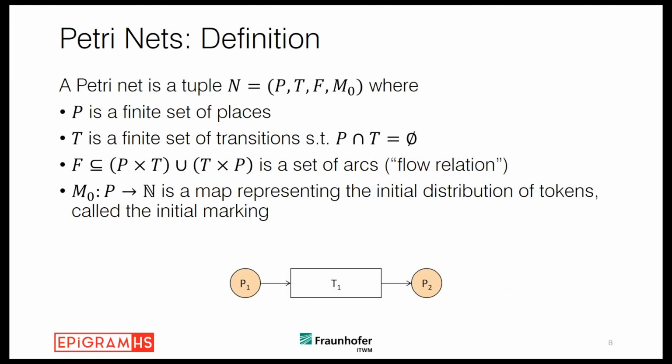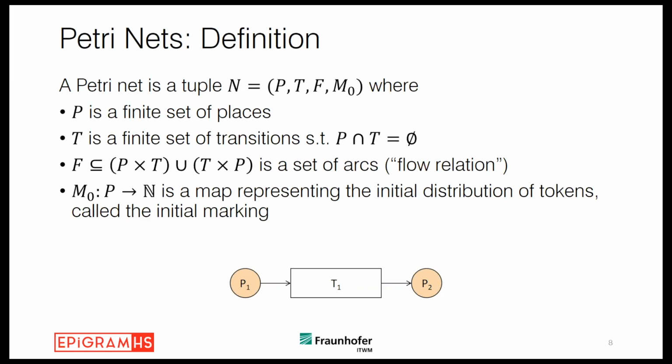Petri nets are a kind of graph, and this is the mathematical definition, and I promise this will also be the only mathematical definition I will show at this point. But as a summary, a Petri net has two different kinds of vertices, namely places and transitions.